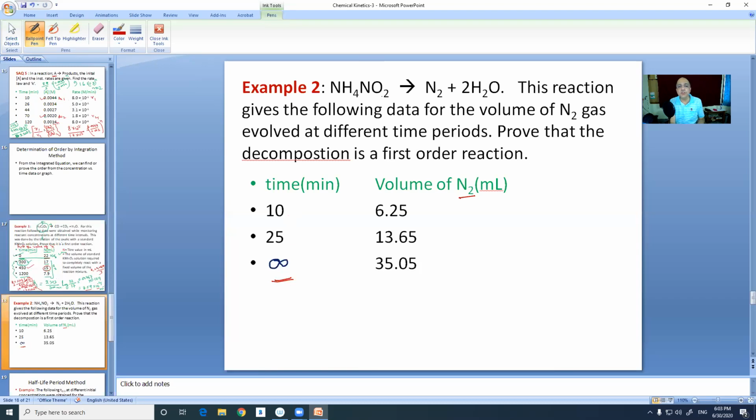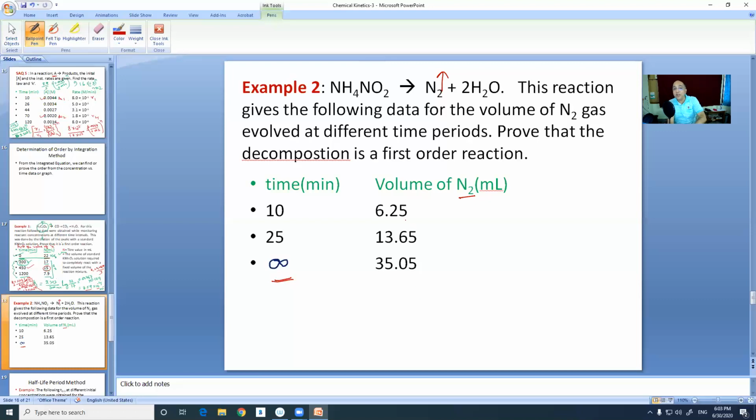So this is the decomposition of solid ammonium nitrate to form nitrogen. The fellow has collected nitrogen, and these are the volumes of nitrogen. Nitrogen is the product. So he is monitoring the increase in the concentration of the product. But you know the rate will be decreasing, right? The rate of increase in the concentration of the product decreases, as you know, the graph goes like this. So the slope goes on decreasing.